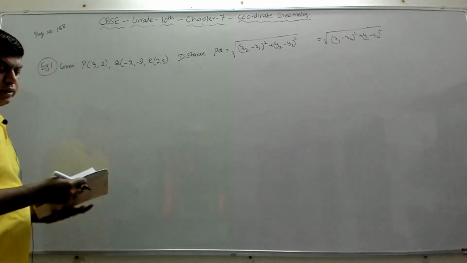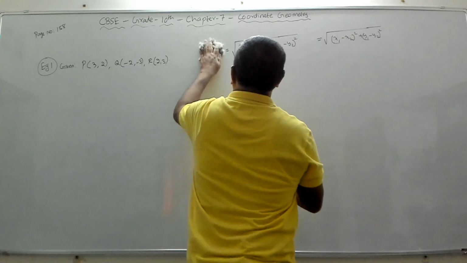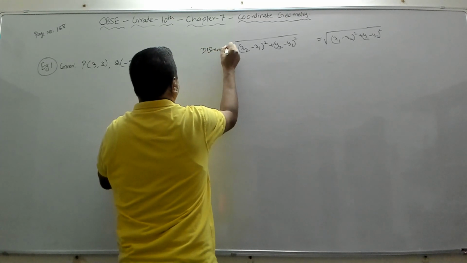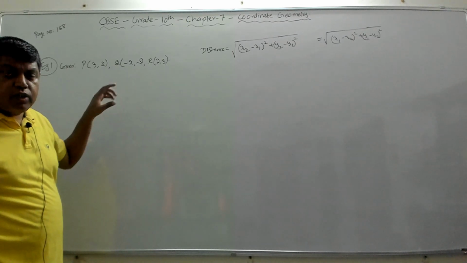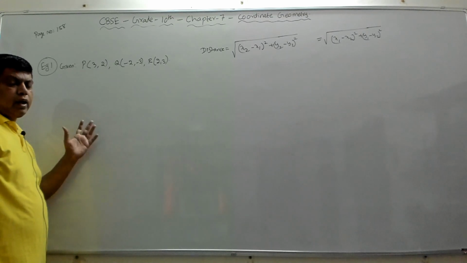These are the 3 points which are given. We need to check whether these 3 points form a triangle.